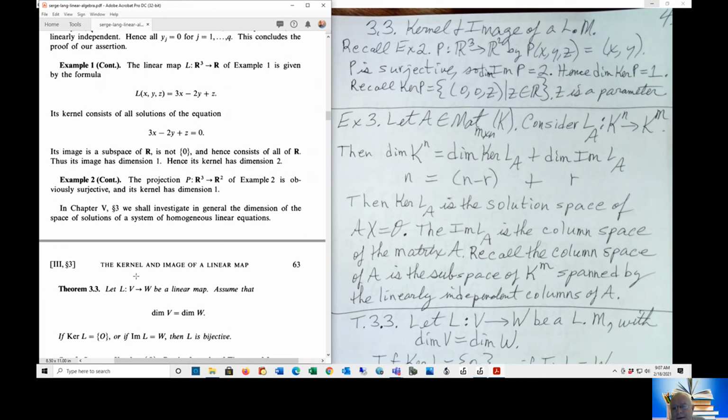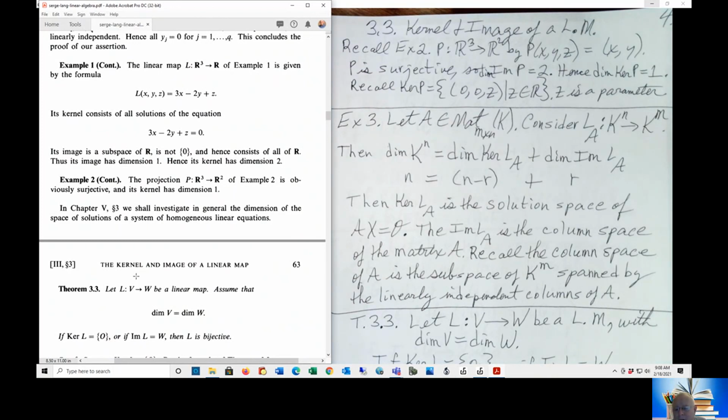Now here's a preview. Example 3, this is not in the text, this is my example. Let's take an m by n matrix A over the scalar field K. Consider the linear map L sub A associated with the matrix A, going from Kn to Km. Remember, it's defined as L sub A of x equals A times x for all x in Kn.